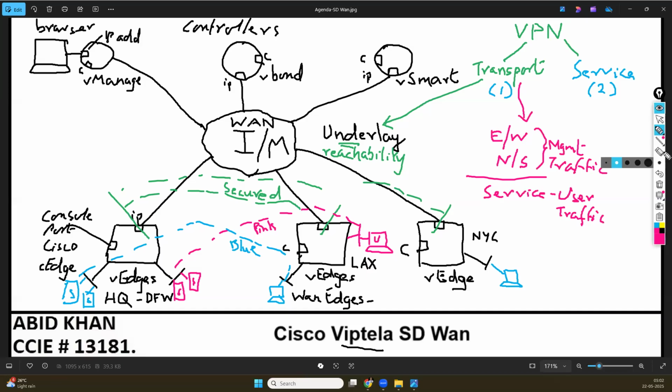I don't want the same WAN to be used for sending both types of traffic. So some customers might say, we'll take one more WAN service, a separate WAN, and we'll connect all these devices.